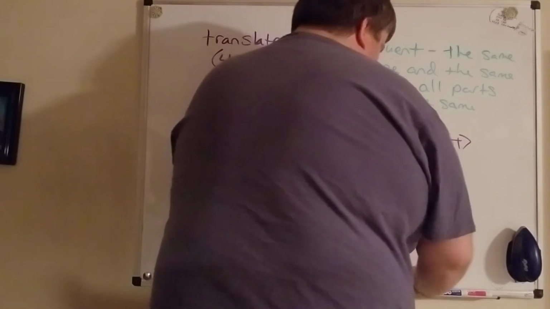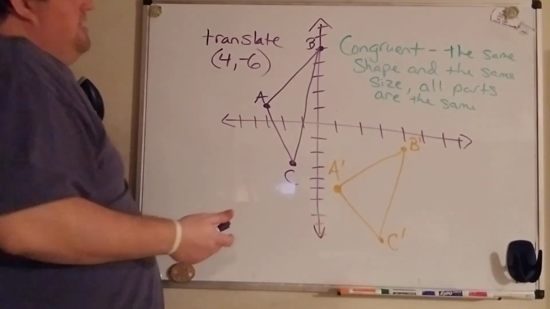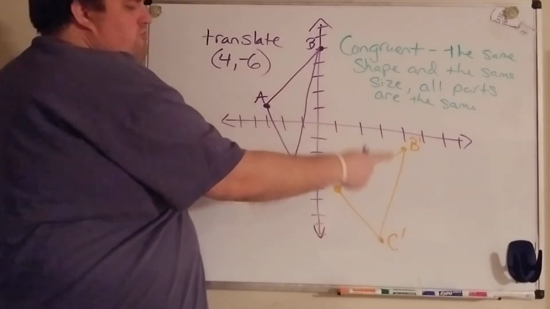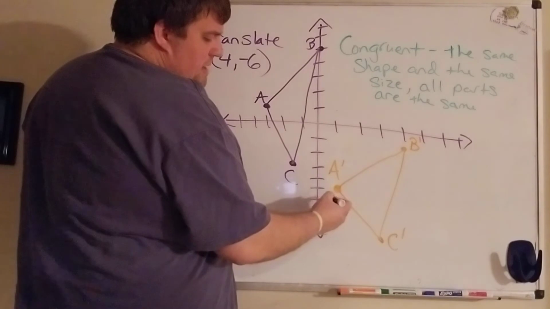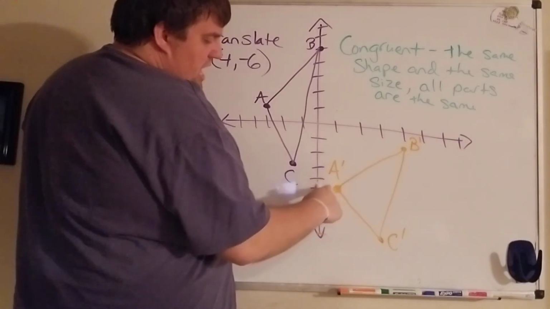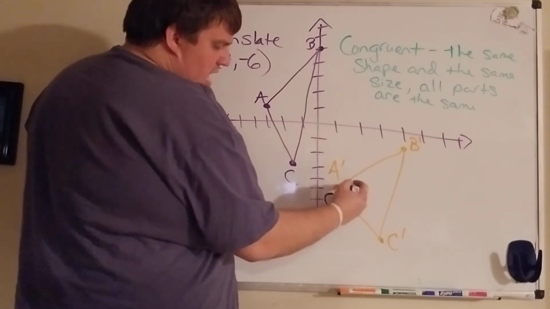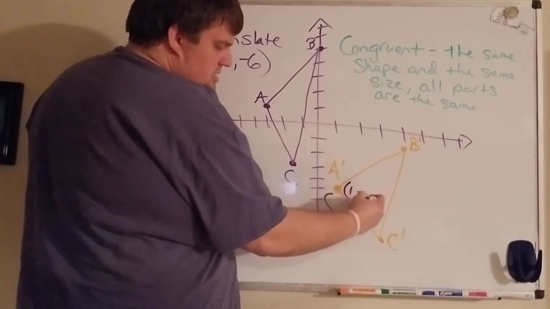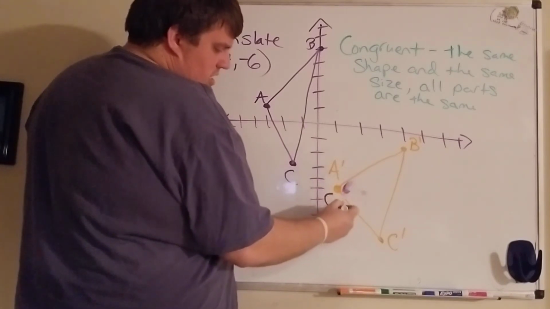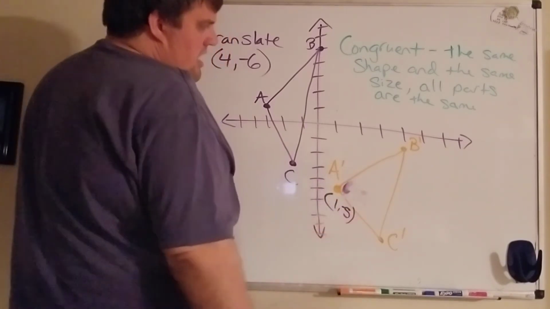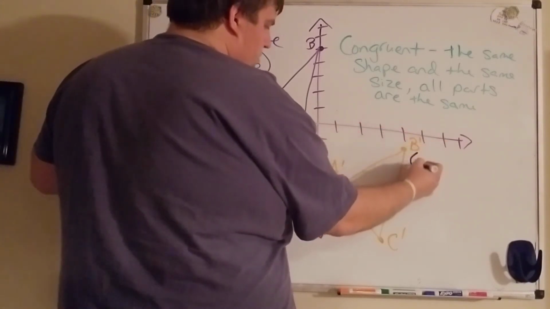There is another way. Typically they might say, draw this shape, but usually what they want you to do is write down where these ordered pairs are. So over here, A prime is at 1, -5. B prime is at 4, -1.